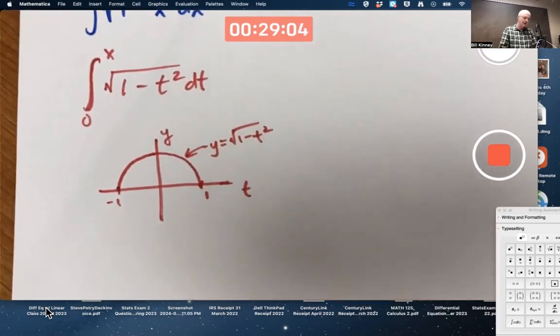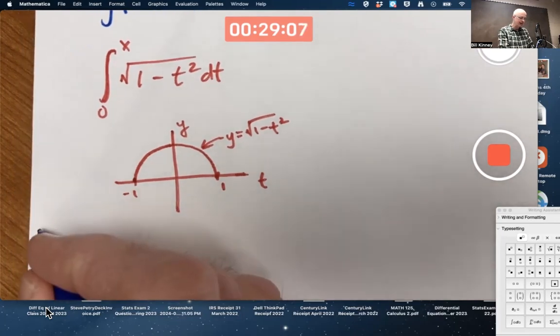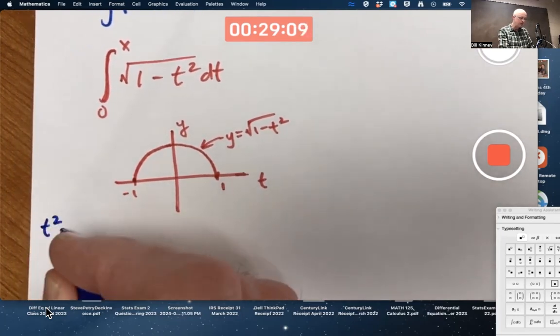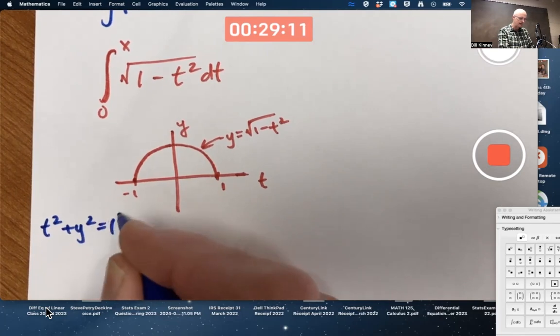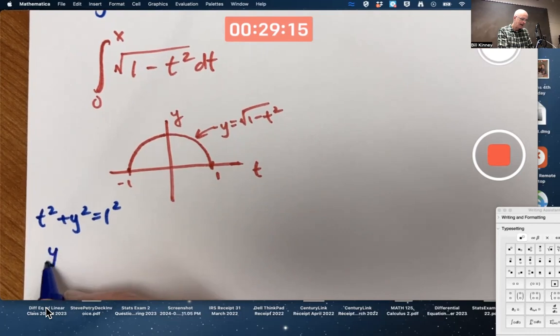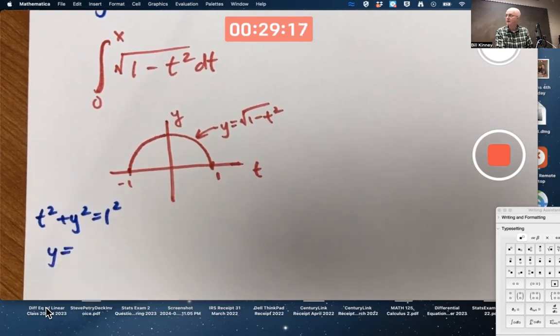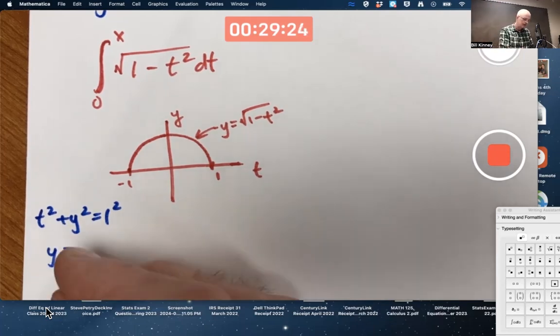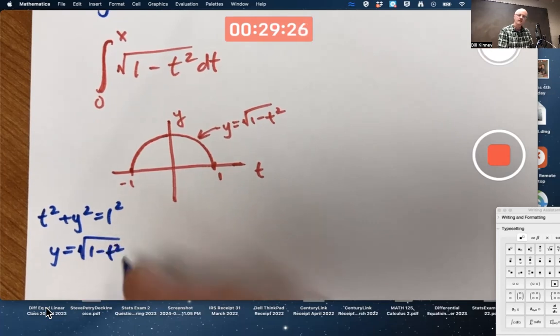Well, the equation of the unit circle itself in a ty plane would be t squared plus y squared equals 1 squared. If you solve for y by subtracting t squared from both sides and then taking the positive square root to get the upper half of the unit circle, you would get this exact same function.